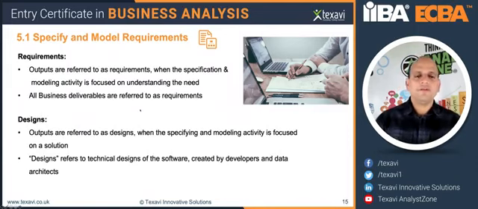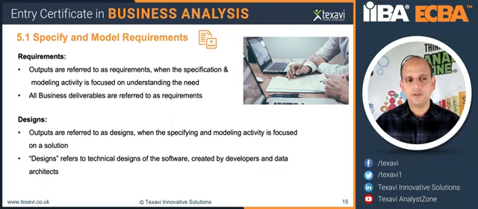And outputs are referred to as designs when the specifying modeling activity is focused on a solution. So requirements are on the product problem space, whereas design is on the solution space. So when we talk about requirement, it still is platform independent, technology agnostic. It is not dependent on a specific technology.